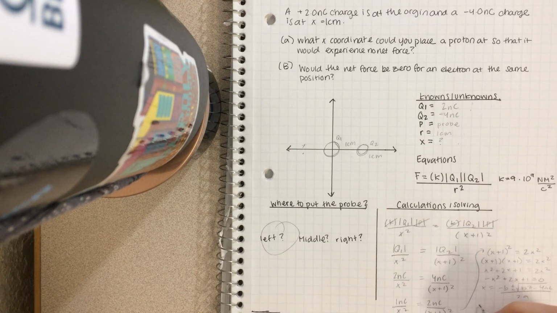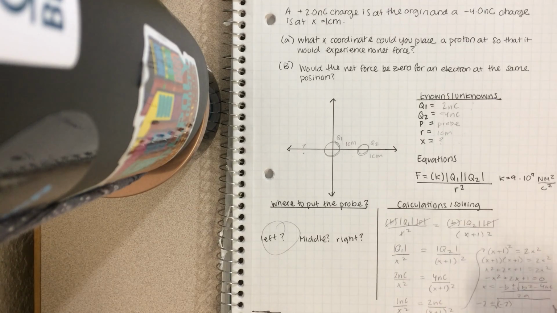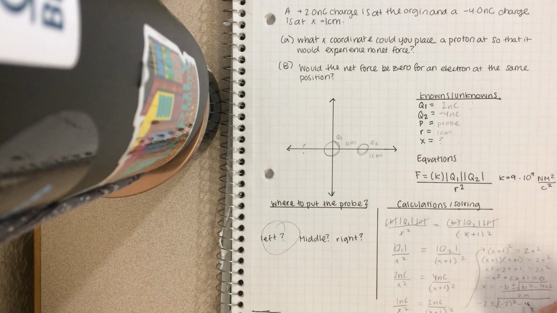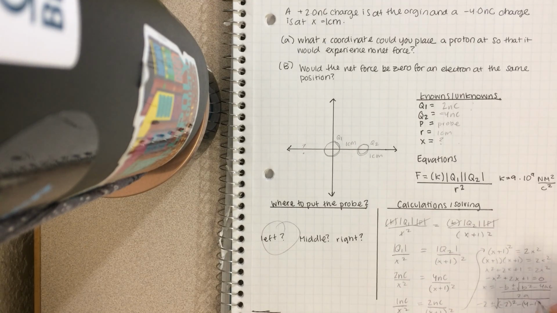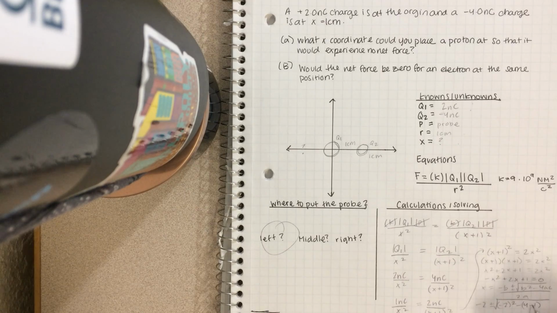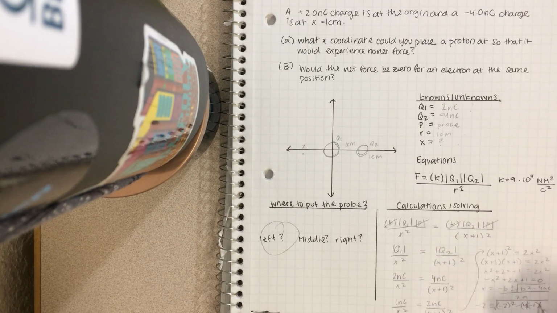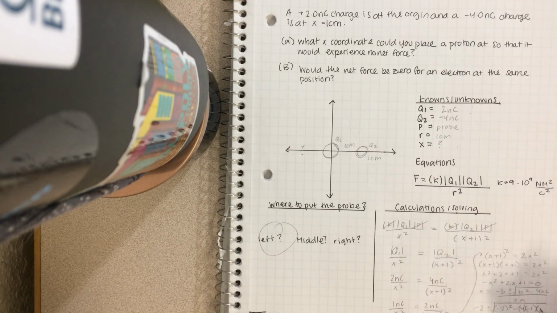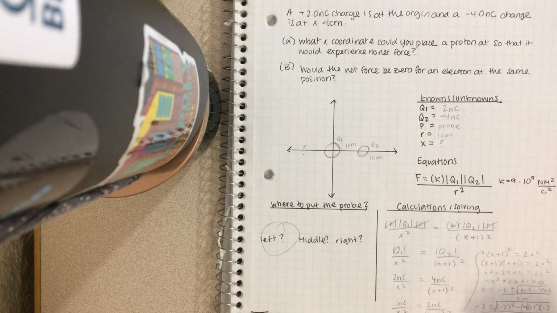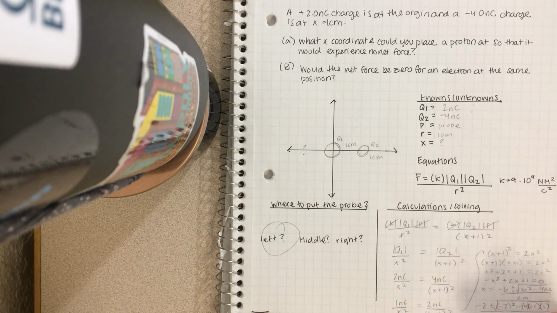And so you plug in, you get negative 2 plus or minus the square root of negative 2 squared minus 4 times negative 1 times 1, over 2 times negative 1.